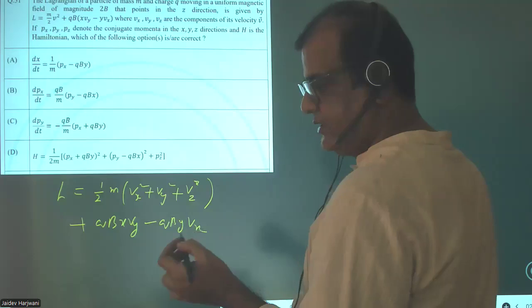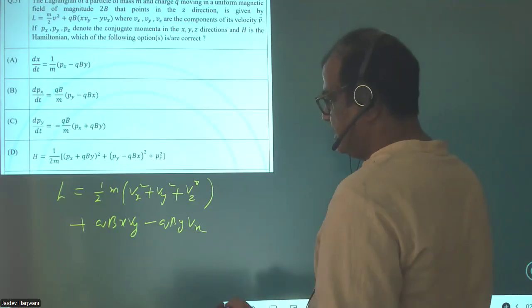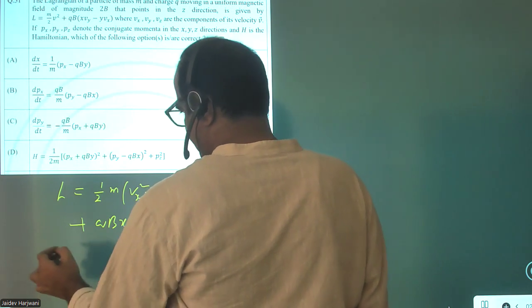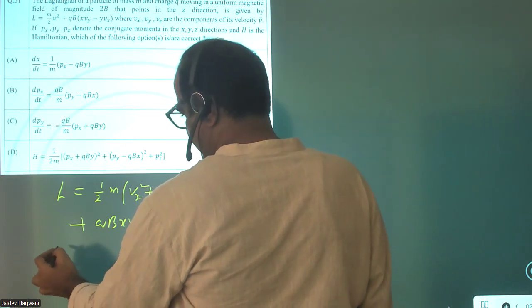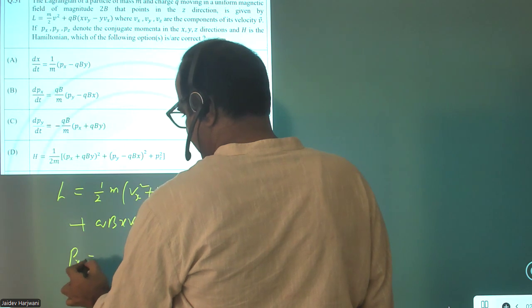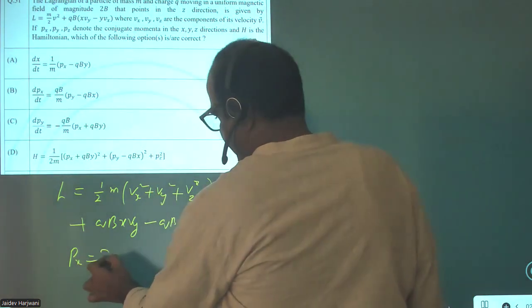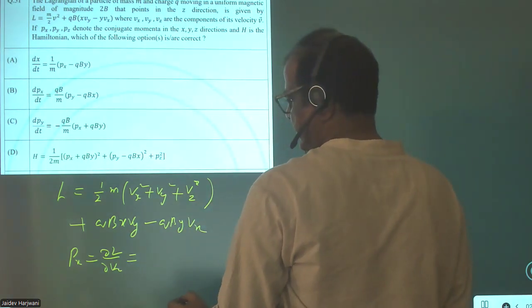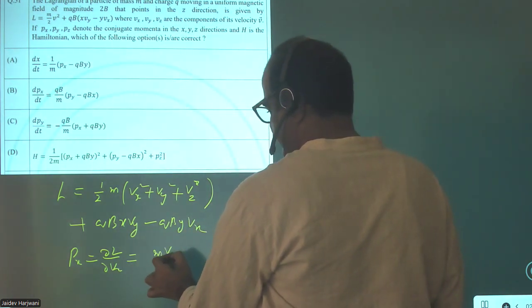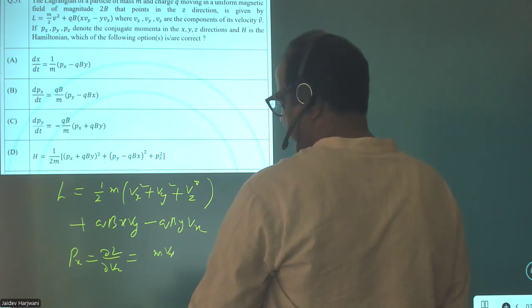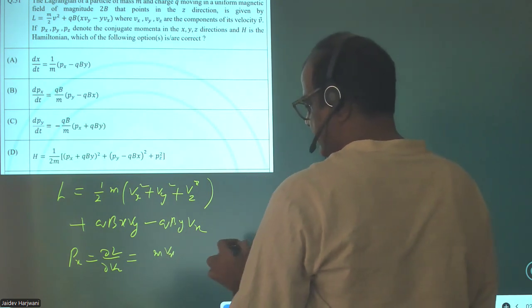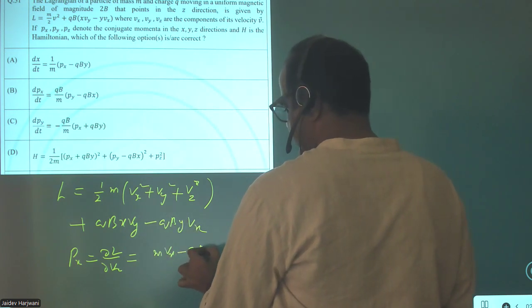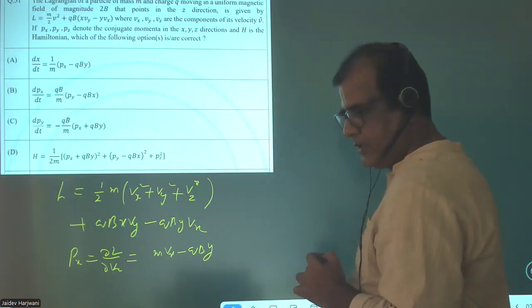Now I can find the conjugate momenta. So say this is px. px will be del L upon del vx. If I differentiate, this will be m vx, and vx is here, so minus q B y.